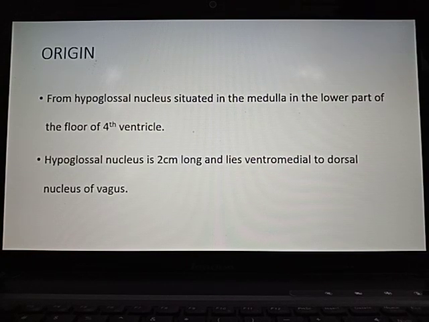Come to this origin. From the hypoglossal nucleus, which is situated in the medulla in the lower part of the floor of the fourth ventricle. The hypoglossal nucleus is 2 cm long and lies ventromedial to the dorsal nucleus of the vagus.